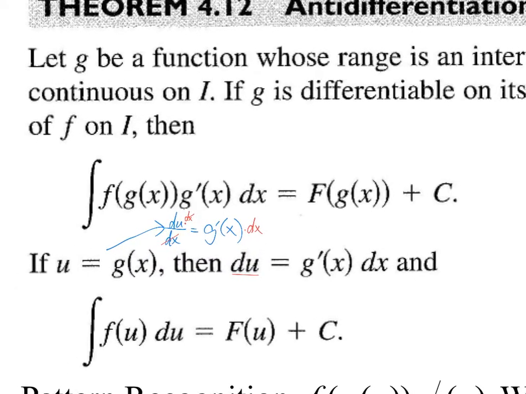So if I substitute the u's in, notice what I'm able to do, okay? G prime of x dx is the du, so I'm taking this right here and I'm going to replace it with this. Okay? What is the u then? The u is that inner function, okay?